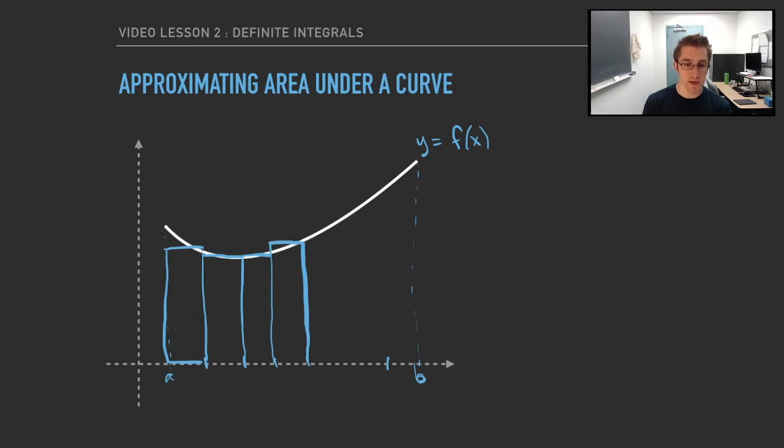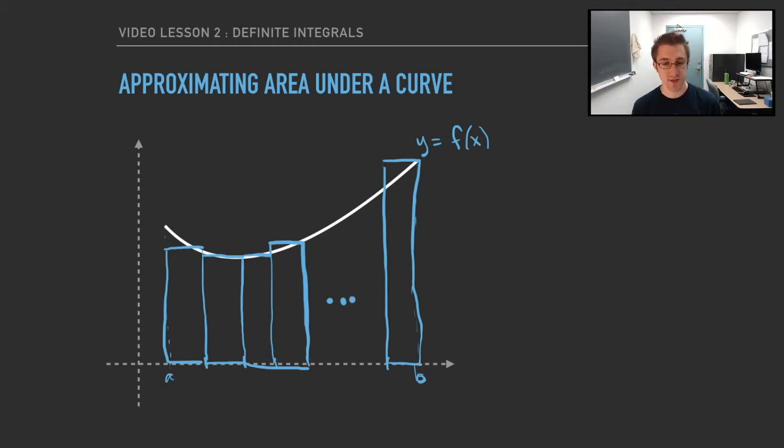Okay, you get the idea. And then the last rectangle looks like this. There are rectangles in here that I'm not drawing because I'm trying to think of the number as arbitrary, even though it's approximately 7 in this picture.